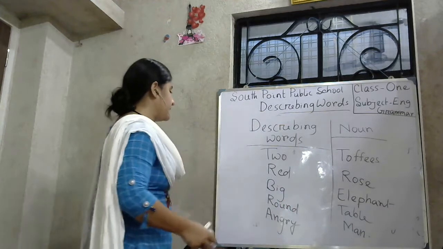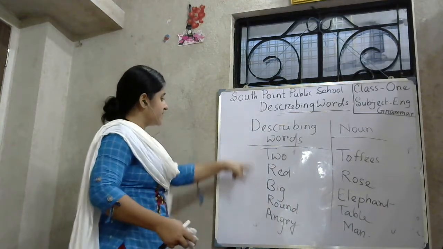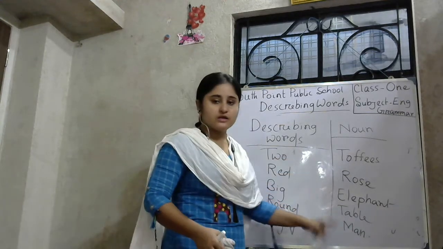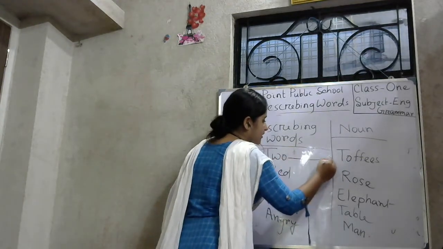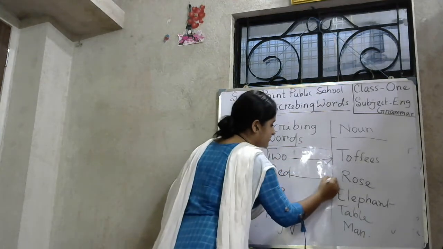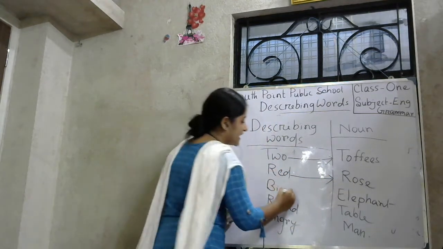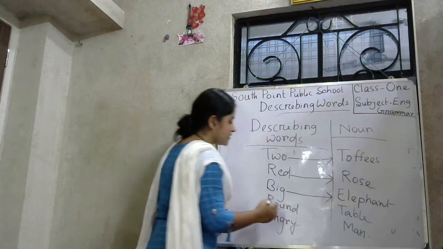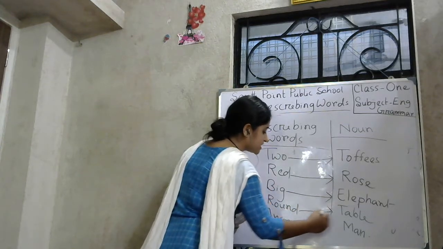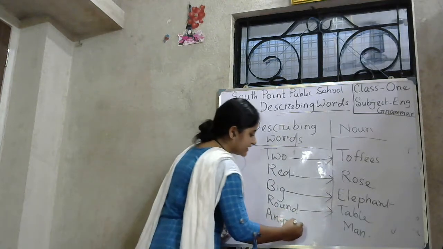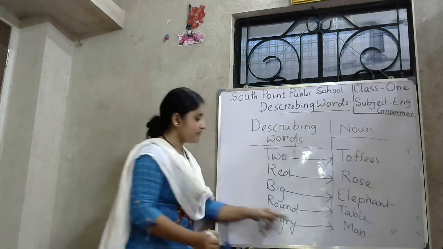So these are the list of describing words and nouns. You can easily understand that two tells about the number of toffees, red tells about the color of the rose, big tells about the size of the elephant, round tells about the shape of the table, and angry tells about the feeling of the man.